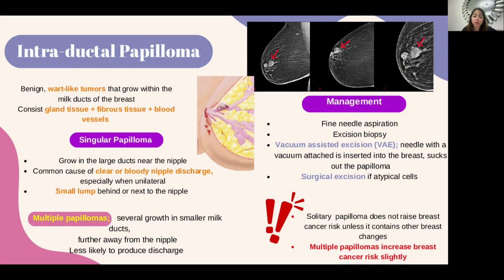So the solitary papillomas don't raise breast cancer risk unless there's other sinister breast changes or family history or any other concerning things in the history. But the multiple papillomas do increase breast cancer risk.